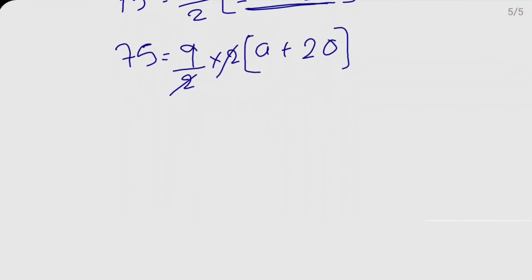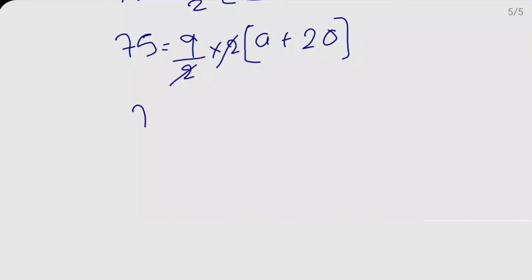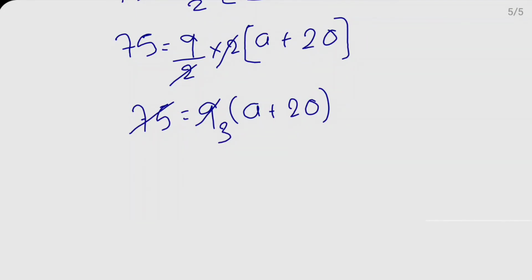So write down the remaining terms here. 75 equals 9 into a plus 20. And now here 3 3s are 9 and 3 25s are 75. So the remaining terms: 25 equals 3 into a plus 20. Is it clear?